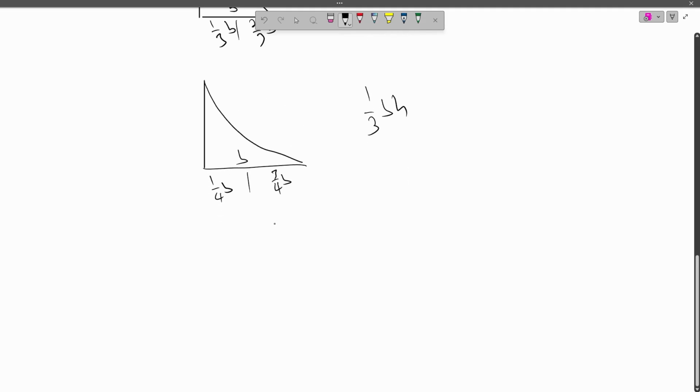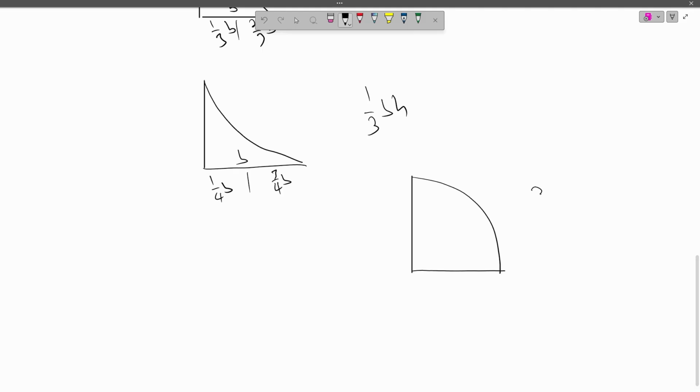And then we'll have a shape that's like this, a quarter circle. The area is 2/3 base times height, and the centroids on this side are 3/8 base and 5/8 base.